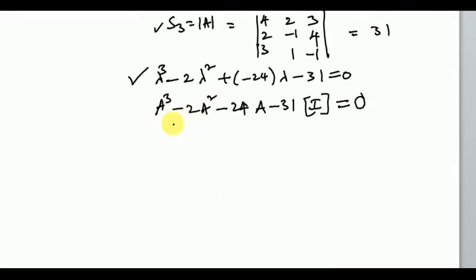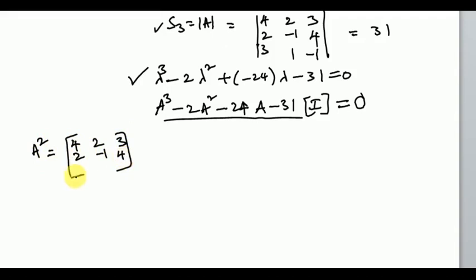For this equation, we need to find A cube and A square and substitute all the terms. First, we will find A square. The matrix given was 4, 2, 3, 2, minus 1, 4, 3, 1, minus 1.